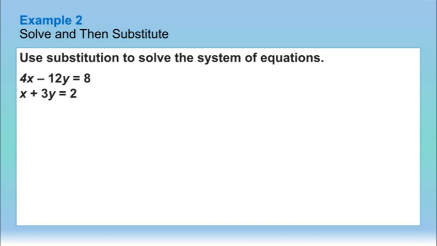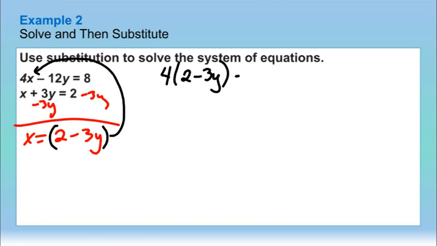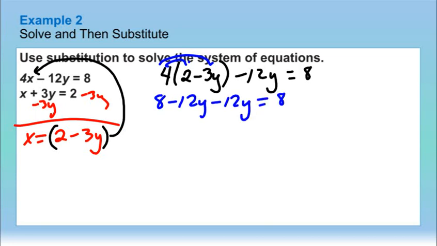More examples. Here I'm going to subtract 3y. Now I have x equaling 2 minus 3y. And I'm going to substitute that in for x in the other equation. So I have 4 times (2 minus 3y) minus 12y equals 8. Distribute, I get 8 minus 12y minus 12y equals 8.